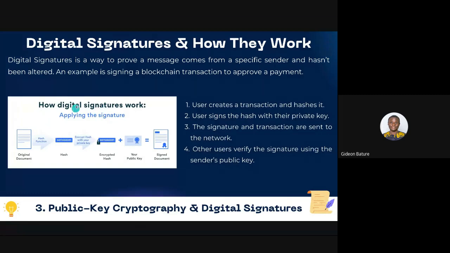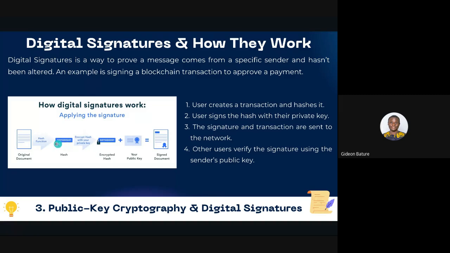So are we seeing the process of the digital signature? You take the original document you want to send, you hash it, right? Pass it through a hash function to make it tamper proof so that nobody can go and change information that is there since you are making it public. Next, you encrypt it with your private key. It becomes an encrypted hash.